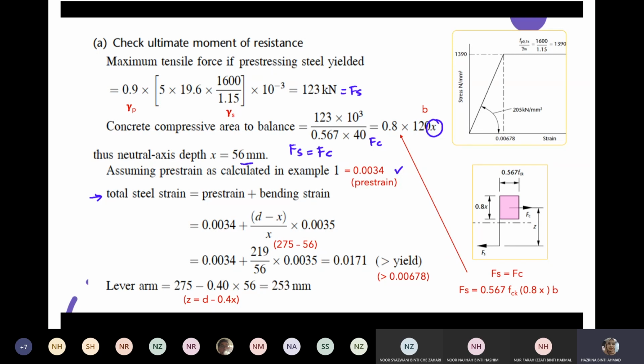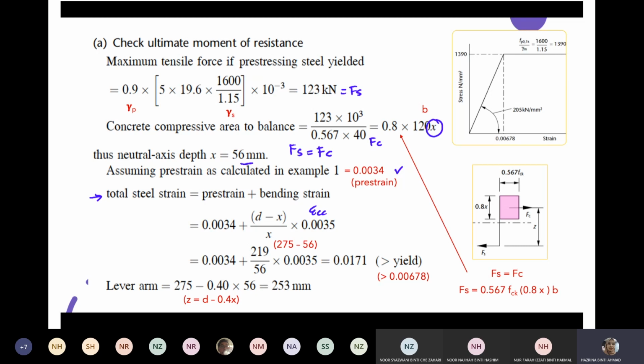As for our example here, we already have the value of x determined, 56. So we have 275 minus 56, then multiplied by epsilon cc, which is for the concrete and is a fixed value. We calculate this and we have 0.0171, which is larger than 0.00678.